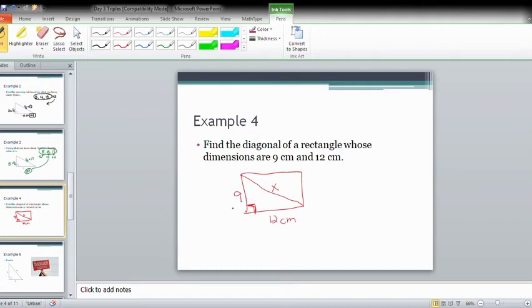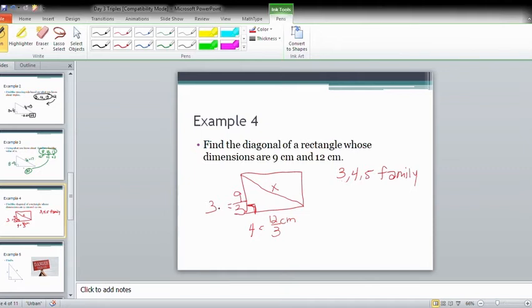Solve for x. Or we can look for one of our families. These are multiples of 3, so I'm going to divide both sides by 3. I get 3 over here and 4 over here. So we've got the 3, 4, 5 family, which means if I'm looking for my missing piece, I need to multiply the missing piece by 3.